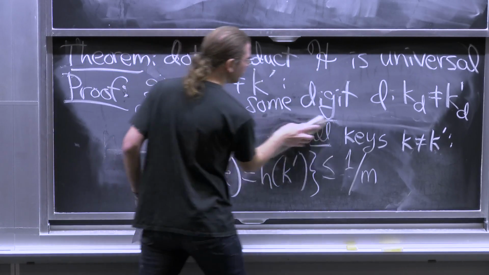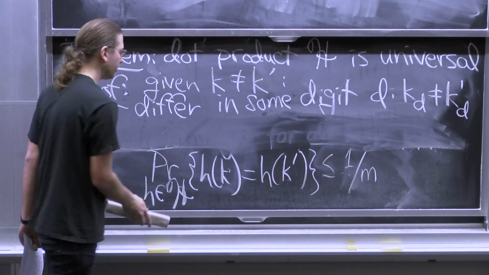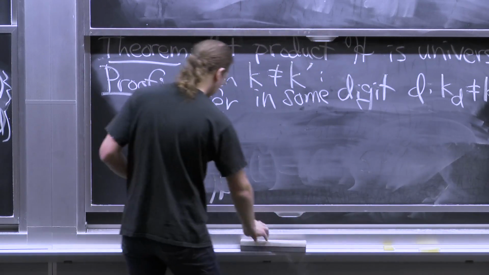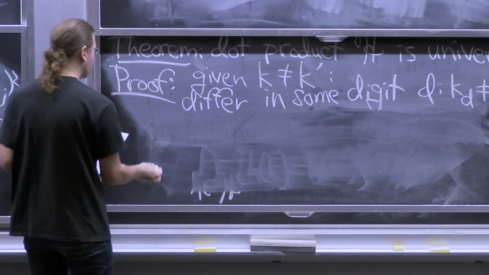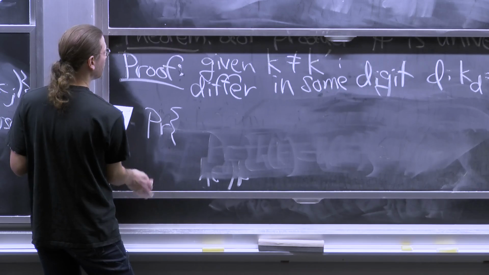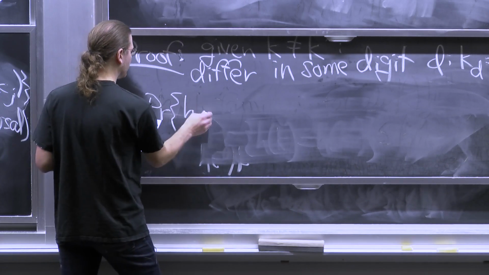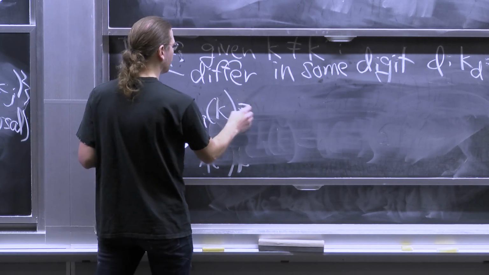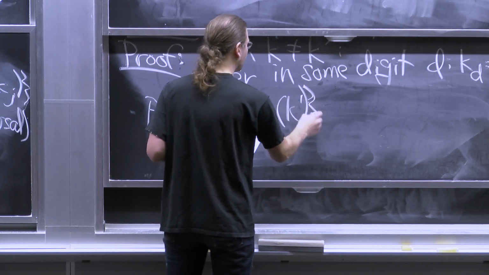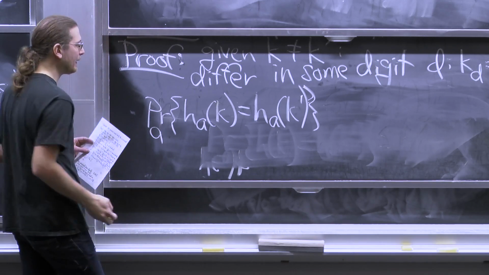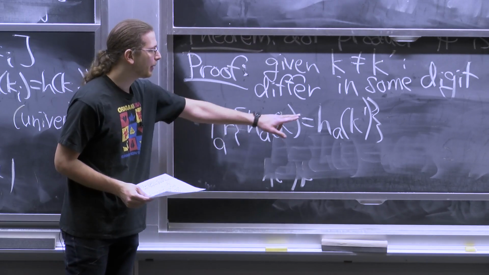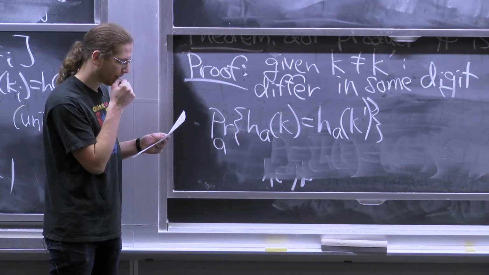Okay, and I want to compute this probability. Let me rewrite it. The probability is over a. I'm choosing a uniformly at random. I want to know the probability that that maps k and k prime to the same slot.